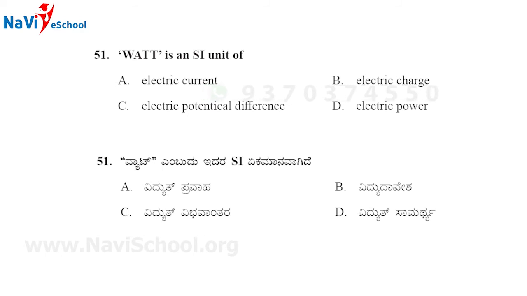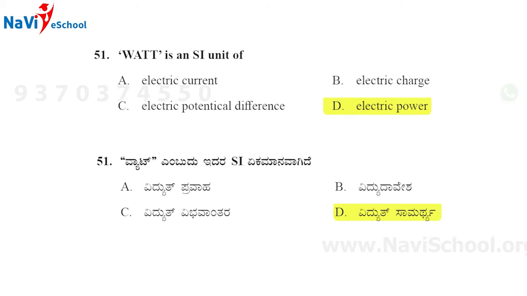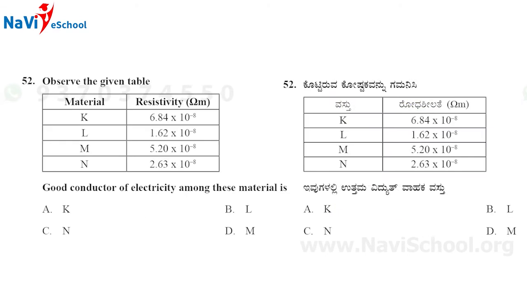So in your current bill you can see how much consumption has been done, and in that bill you can notice how much it has been consumed, and the SI unit of that is watt. Usually you say how many watts we have used for this month. Depending on that, your electricity bill varies, isn't it children? So here option D is our answer. Okay. Next question. Question number 52.